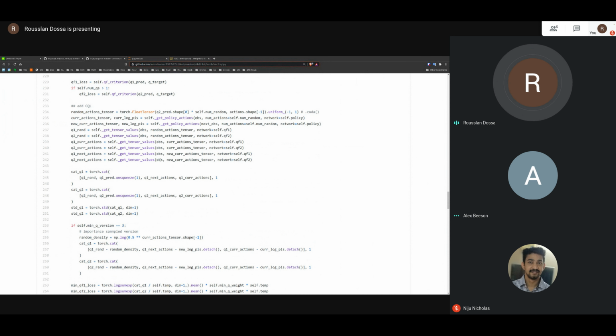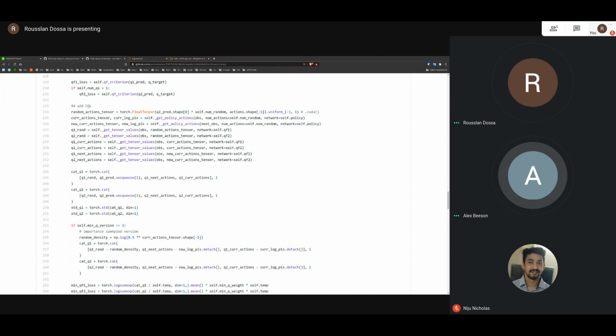Which reminds me, in this part, notice that they use the new current action tensor, which was sampled using the next observation. But here they use the current observation to obtain the Q value. So I was wondering if this was on purpose. Yeah, that doesn't sound quite right, does it? It should be the next observation.